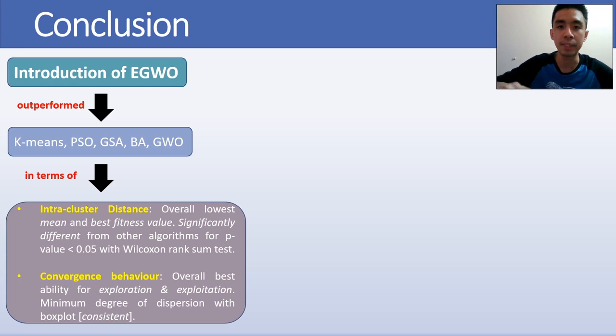For convergence behavior, EGWO exhibited the strongest ability to explore and exploit, something which GWO failed to do. Also, EGWO showed consistency in results with minimum degree of dispersion in the box plot.